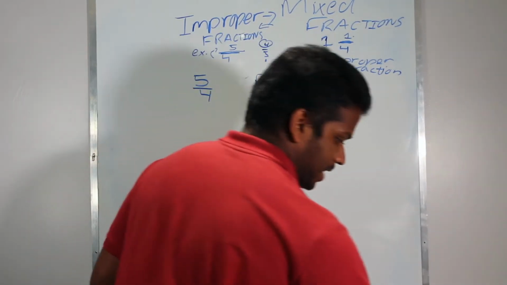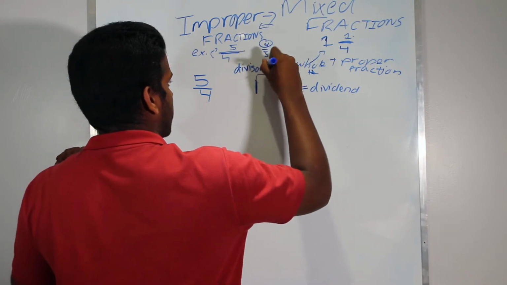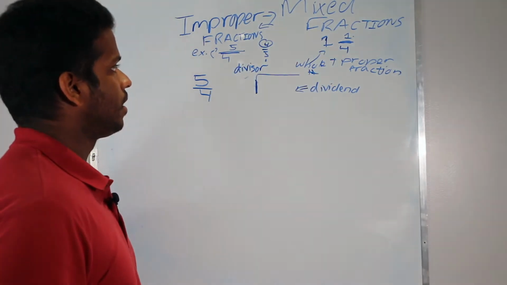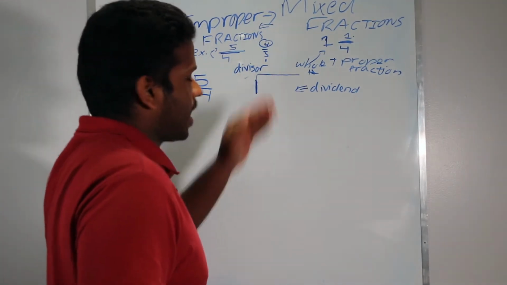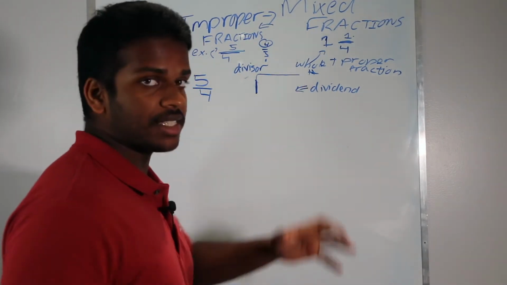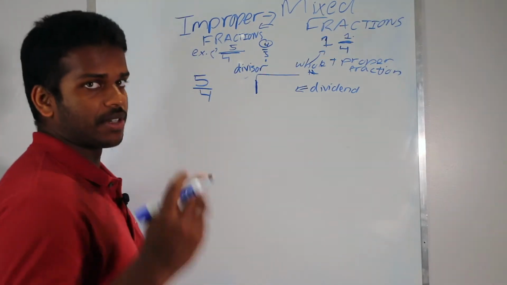Here is the divisor. Sorry about that confusion. The divisor is the number you're trying to divide the big number by, and the dividend is the actual number you're trying to divide. And here the quotient is the result.